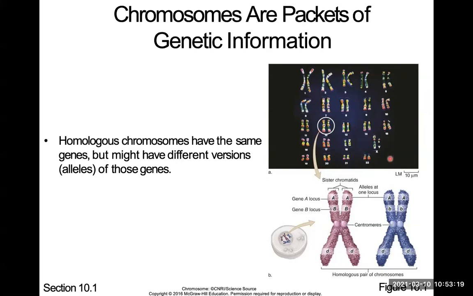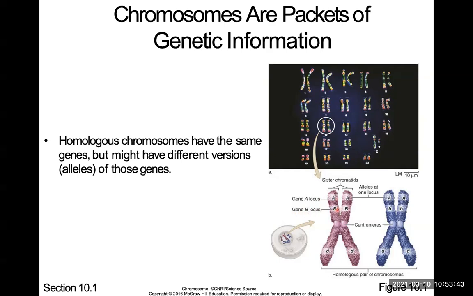The 23rd one is the sex chromosome. For females, it's XX. For males, it's XY. And then make sure you understand what homologous means. They're the same length and they have the genes located at the same location. And the location is known as locus. This is gene A locus, gene B locus.